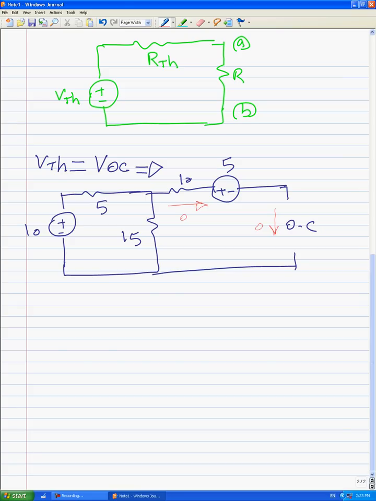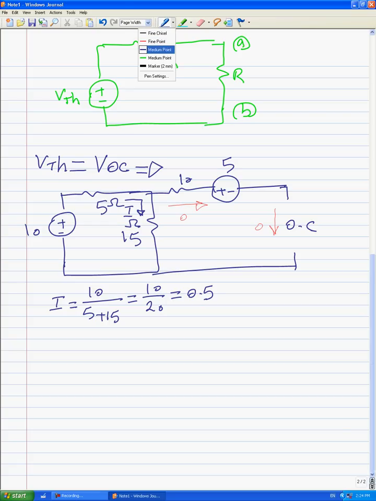That's why we can say 5 and 15 are in series. 5 ohms and 15 ohms are in series, and immediately we can find this current I. I, using Ohm's law, is equal to 10 over 5 plus 15, which is 10 over 20, equal to 0.5.